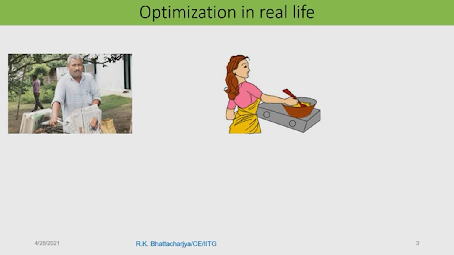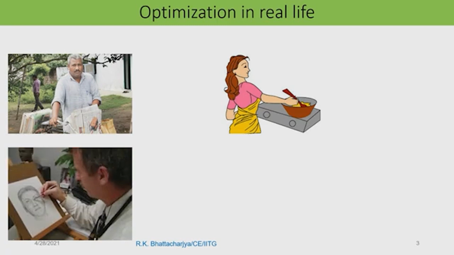There is no apparent link to optimization, but during the process of preparation of this particular recipe, she might be using some optimization technique, and I will explain how she is actually solving an optimization model.